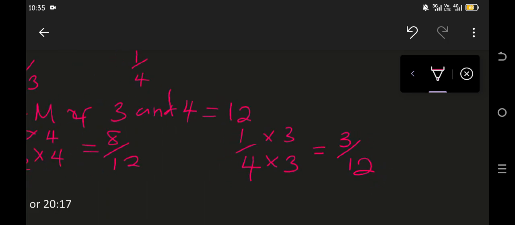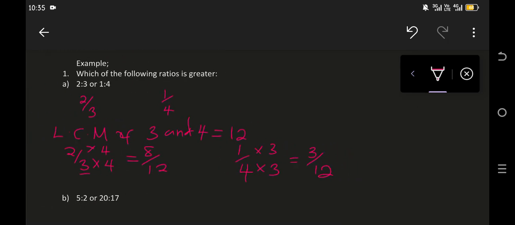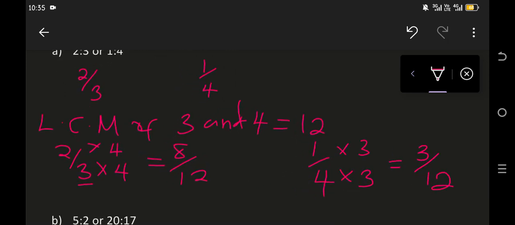Now that we have done that, we are going to ask ourselves, between 8 over 12 and 3 over 12, which one is larger, which one is smaller? Now this is easier because we have made the denominators to be the same. Now if you look at this, 2 over 3 is larger than 1 over 4. This means that the ratio 2 to 3 is greater than 1 to 4.